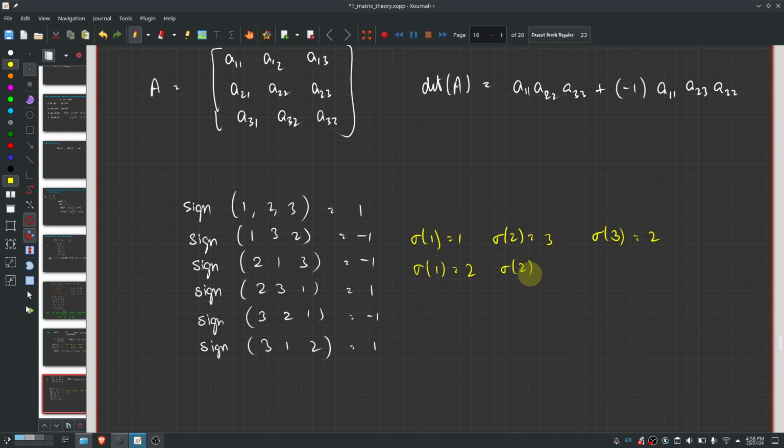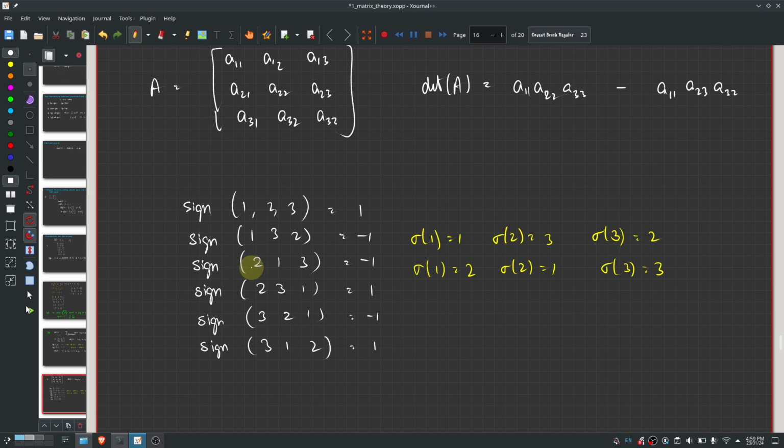Sigma of 2 equals 1, and sigma of 3 equals 3. Okay, so these are the first two terms. Let me just write this as A11, A22, A33 minus A11, A23, A32.